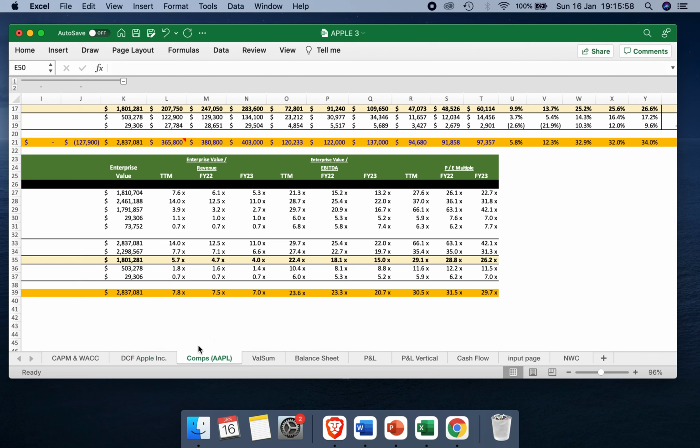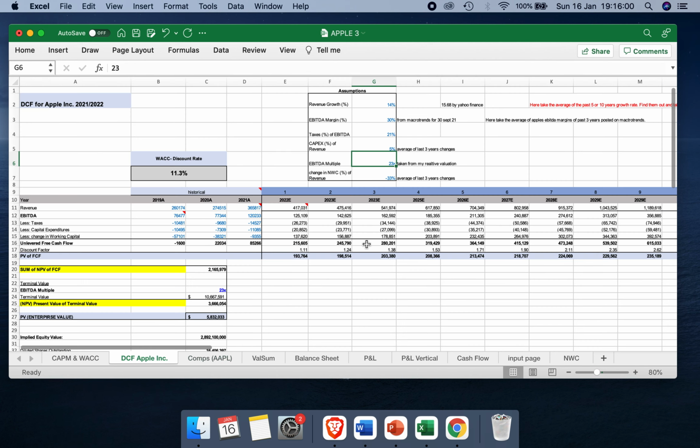I've also checked online with other analysts what they're thinking. So it's pretty much similar. So 23 is a reasonable figure.